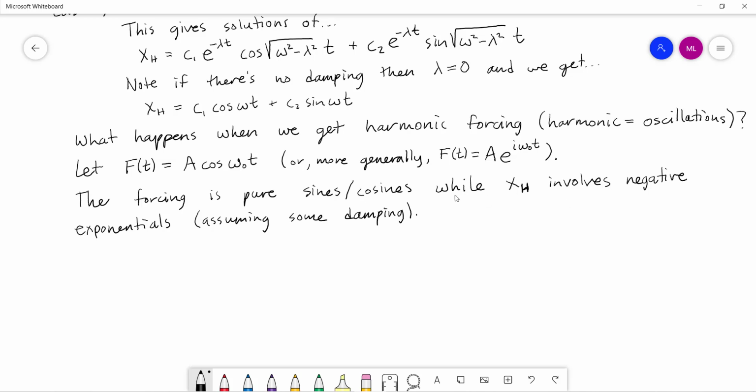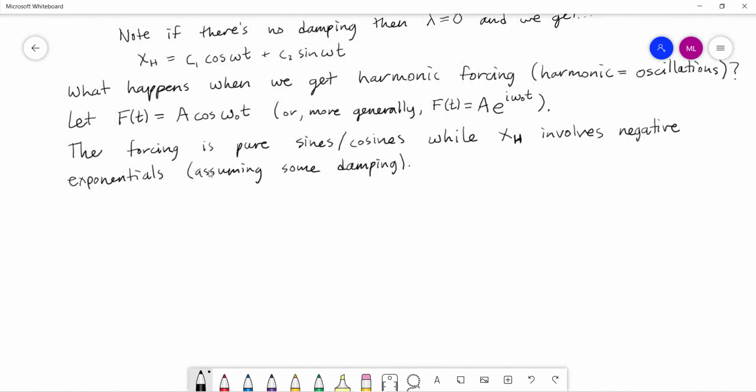What this means is when we try to find our particular solution based on the forcing term, we don't need to worry about the situation where our forcing term looks exactly the same as the homogeneous solution, and we have to start getting clever about adding extra factors of t and so on and so forth. Not yet, at least.